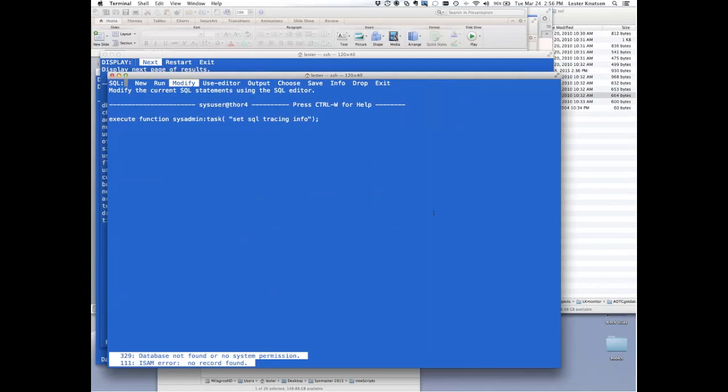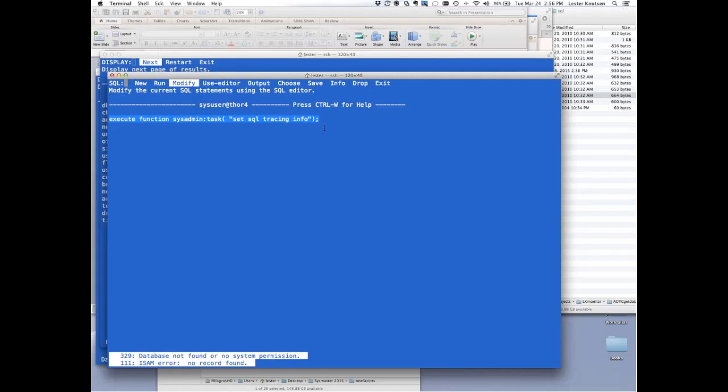Bummer. I thought I had that there. I'm not going to be able to show you this. Let me just show you the scripts. So this here will go out and get info about it. I'd have to restart Thor with the sysadmin turned on. I forgot to check that.